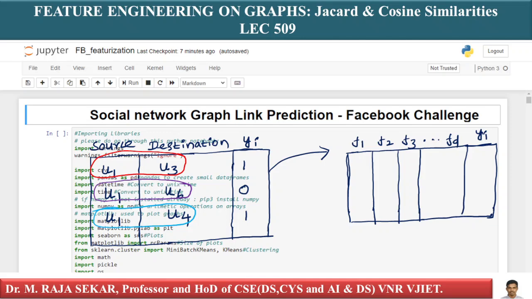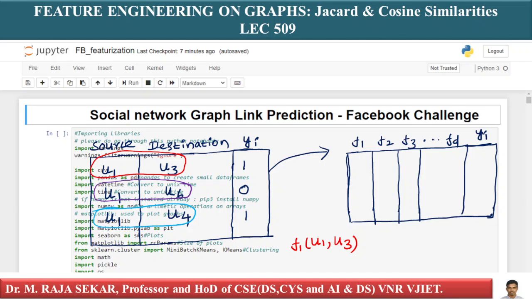I will explain some of these features in this video itself, but the core idea is, given these pairs of vertices, that is u1 u3, u1 u6, u1 u4, so on, this feature 1 takes a pair of vertices u1 u3, think of it like a function, and gives a value.